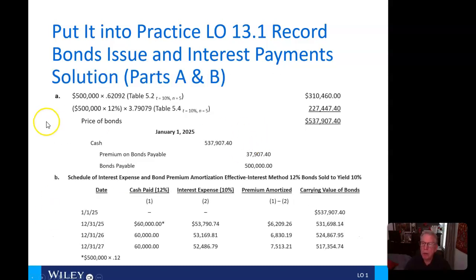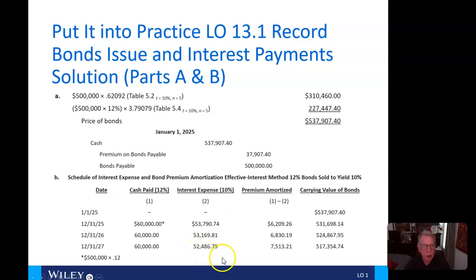So here's the solution for that. We calculate the value of the bond in the normal way. And then our journal entries, we're going to have cash that we receive, the premium, which we credit, and the bonds payable of $500,000.